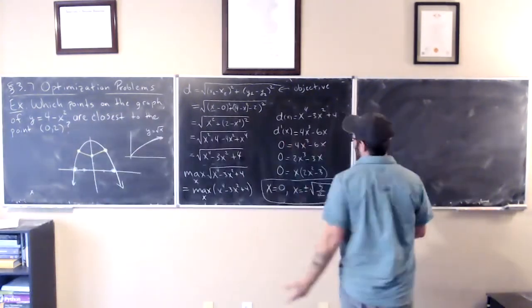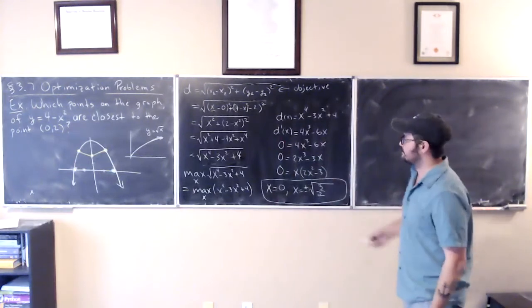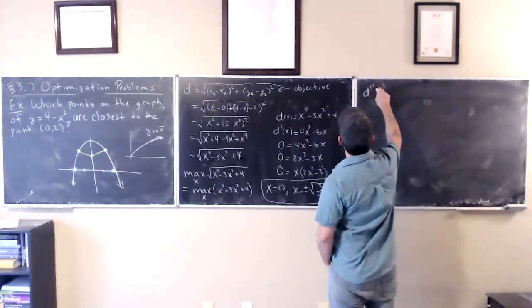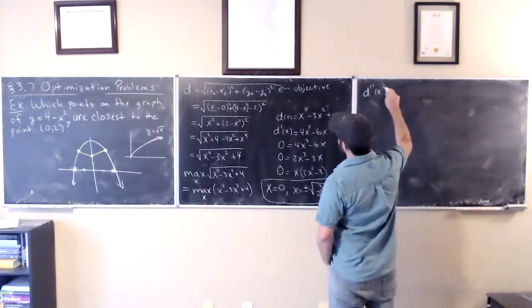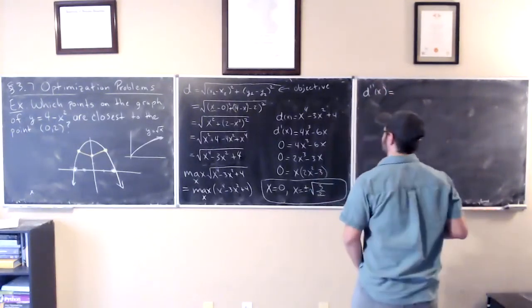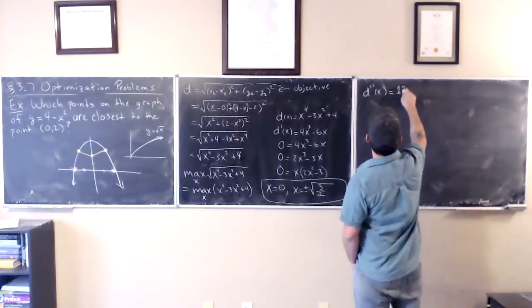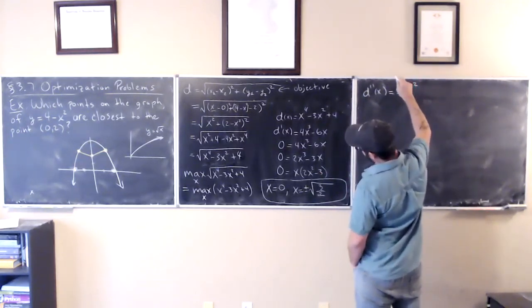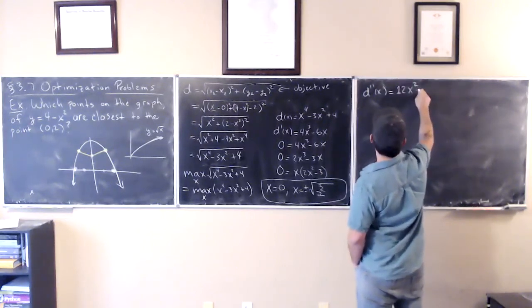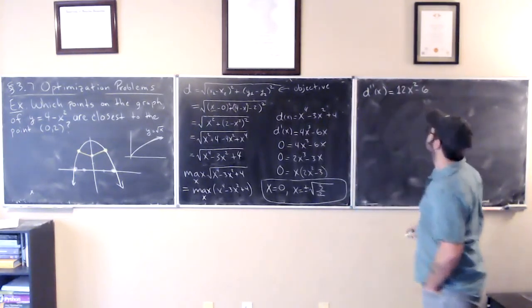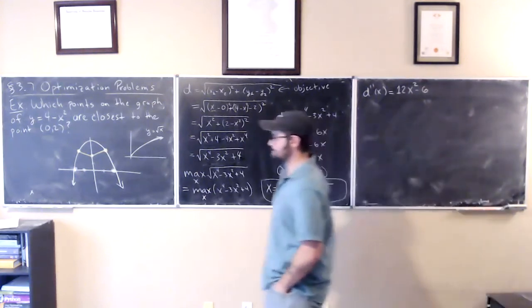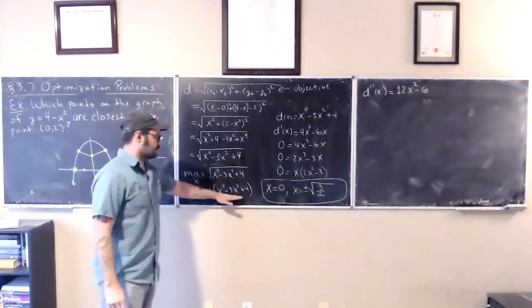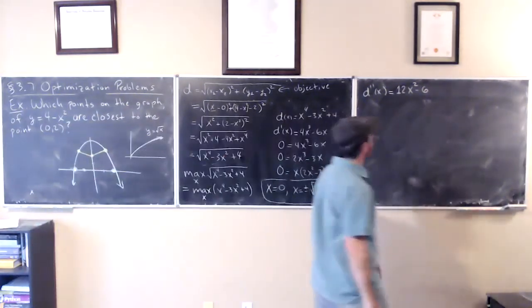So with that being said, I probably need to take the second derivative and then check these critical points, or critical numbers. And the second derivative is going to be 12x squared minus 6. Okay. So again, we're focusing in on this equation here.